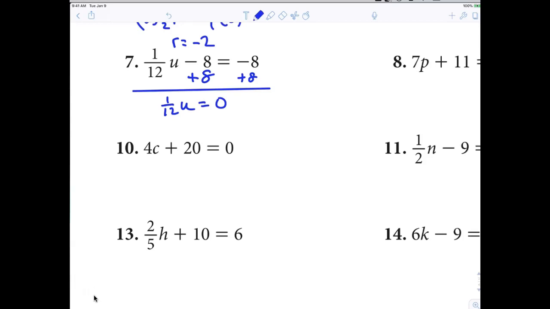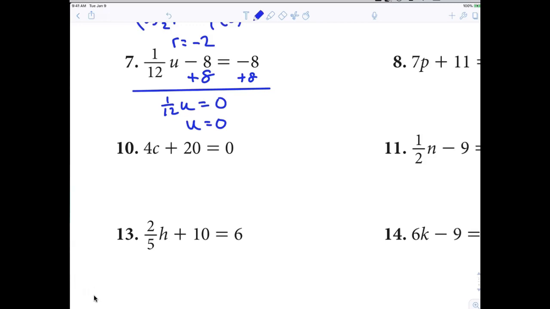So what's the answer? 0. Well, you tell me. 0, right? Because 0 times 1/12 is what? 0. You can multiply by the reciprocal, but that's just something I want you to know.